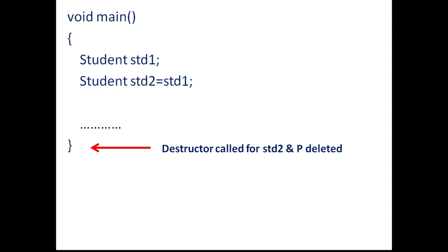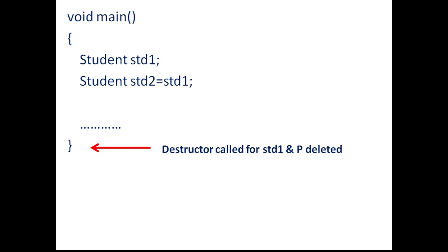And when the destructor is called first for std2, p gets deleted. Whenever the function gets over, the object within that also needs to be destroyed, so the destructor will be immediately called. So the destructor gets called for std2 and the pointer p is deleted, which means all the memory allocated to p is removed. But unfortunately the destructor will be called once again for std1, and now p will be deleted one more time.